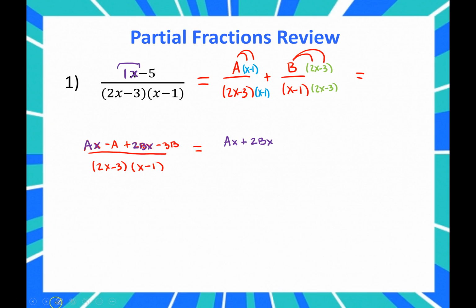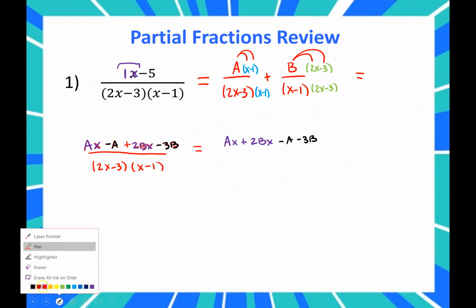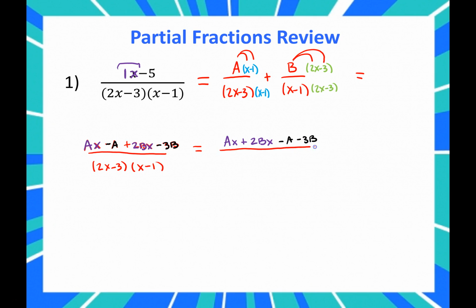And then the other two things that are missing are just numbers or constants, and I'm going to give those black. So this is going to be minus a and then minus 3b. So minus a minus 3b. All right, and that is still over my 2x minus 3 times x minus 1.